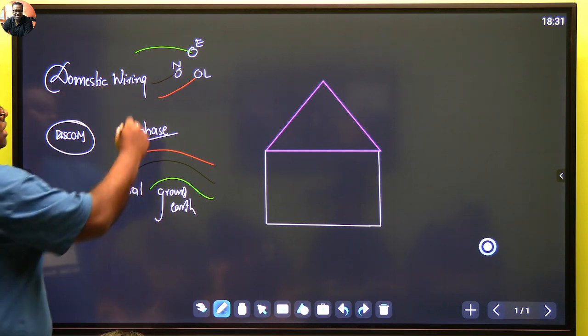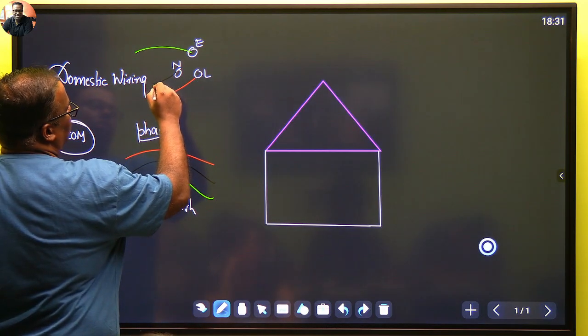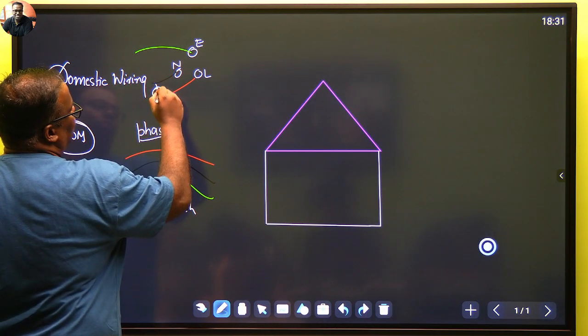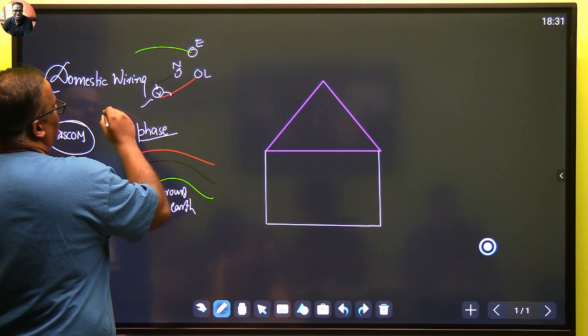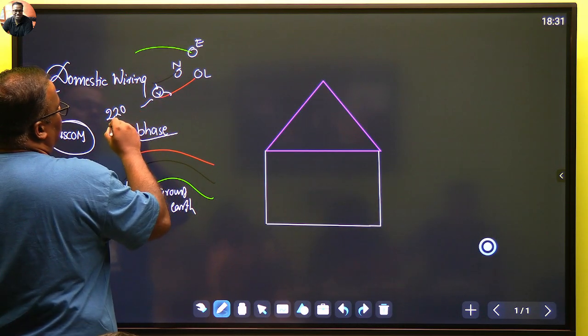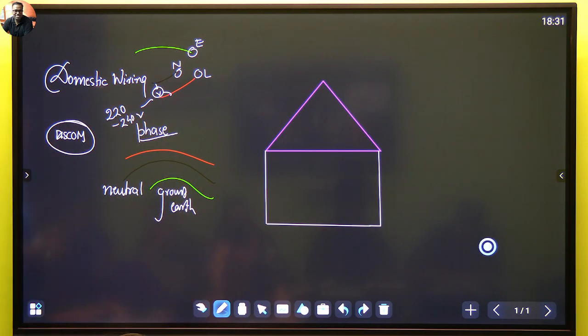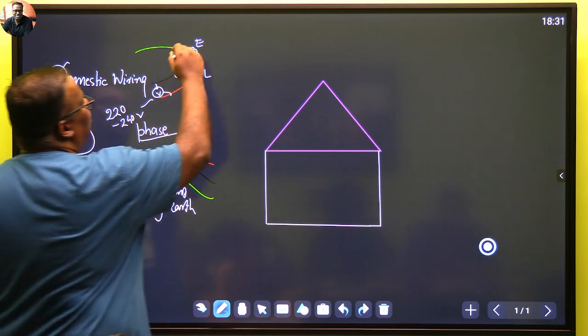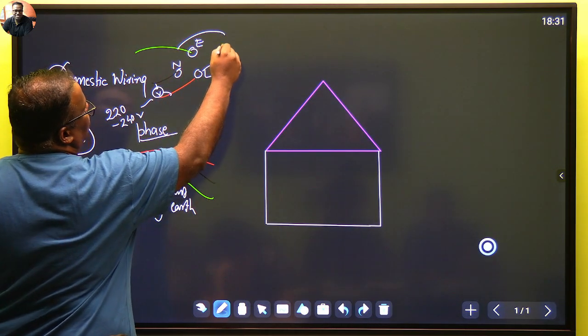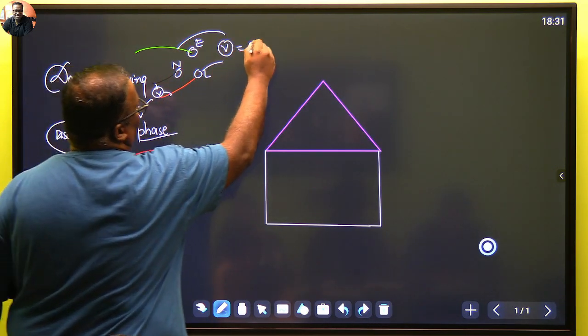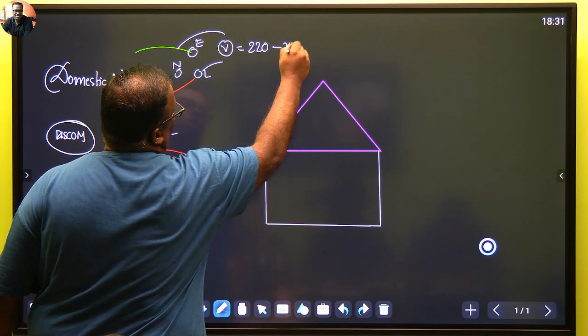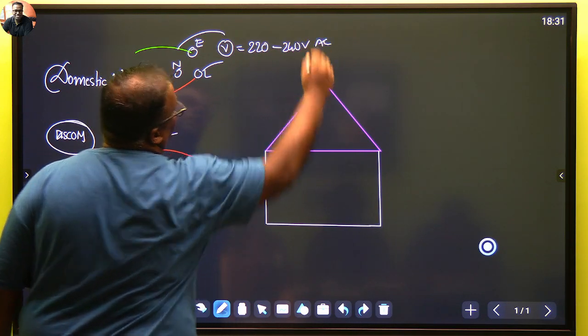If I put an AC voltmeter across these two, in India this will read something from 220 to 240 volts, sufficient to fry you. If you put a voltmeter between these two also, then also you should see a reading of 220 to 240 volts, and this is alternating current, pulsating current.